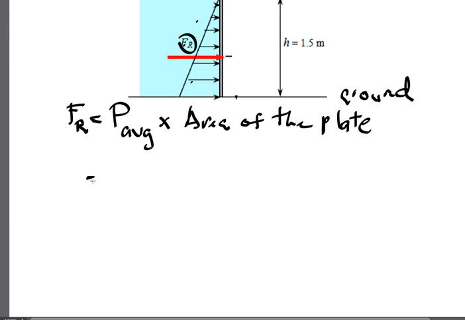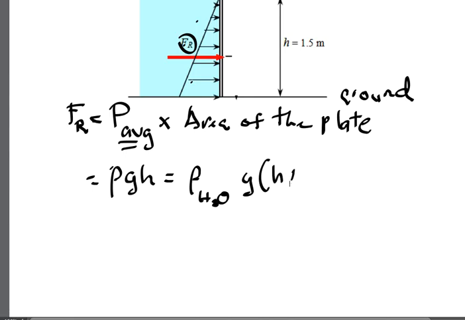So the average pressure is given as rho GH, and in this particular case, that's the rho of water from the swimming pool times G times H, and H here is actually acting on the centroid because that's the average pressure that we're looking for, and that is going to be H over 2.